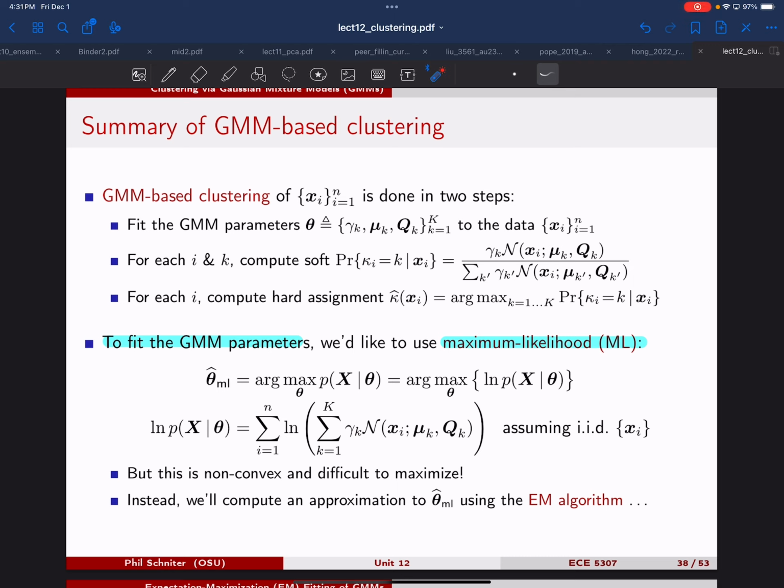So this is where we get into trouble, and it becomes difficult to figure out how to do this. If you tried to do this with gradient descent, it just wouldn't work well. So we are going to use a more sophisticated approach called the EM algorithm, which is a famous approach that you can use for many, many tasks. This is just one example of the EM algorithm, which is Gaussian mixture model fitting for this clustering problem.